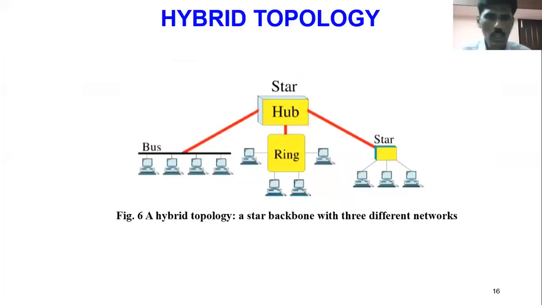See another example. Figure 6 shows a hybrid topology, a star backbone with different networks, namely bus, ring, and star topology networks. This is a typical example of a hybrid topology network.